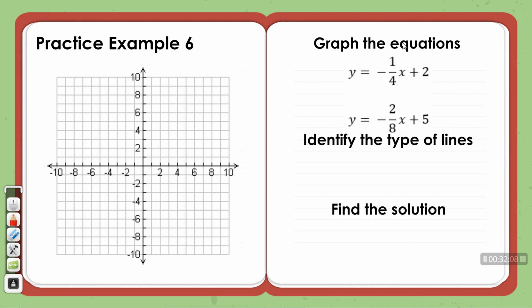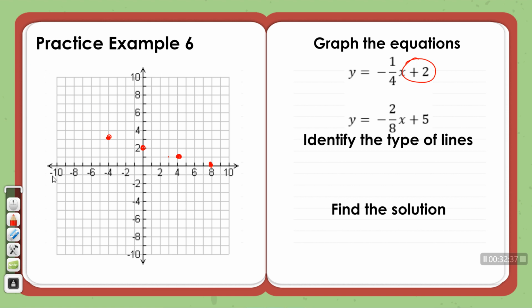-1/4 x plus 2, so we're going to start at +2. And we're going to go which direction for -1/4? Down 1, right 4. I'm going to go up 1, left 4. It's a very steep line as well. Oh, I went up 2.